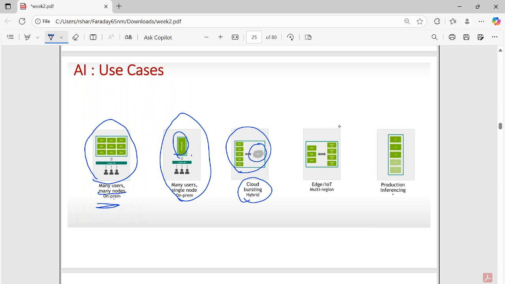Here we were trying to run it on our own machine, and once the workload increases, we burst that particular part to a cloud vendor, say Google Cloud or Amazon Cloud. There is another scenario, which is edge or IoT.